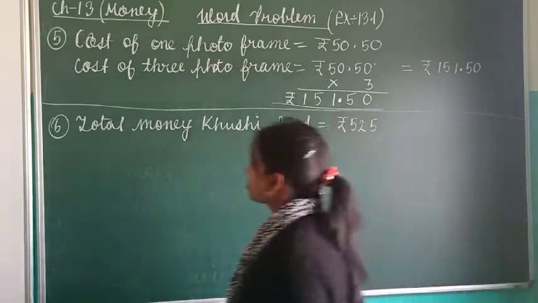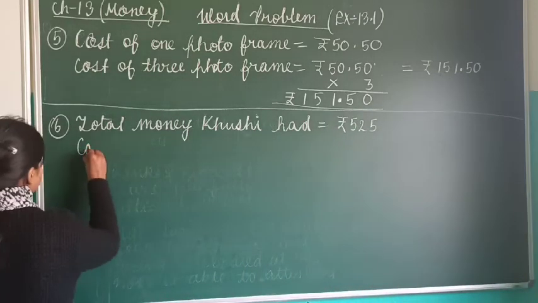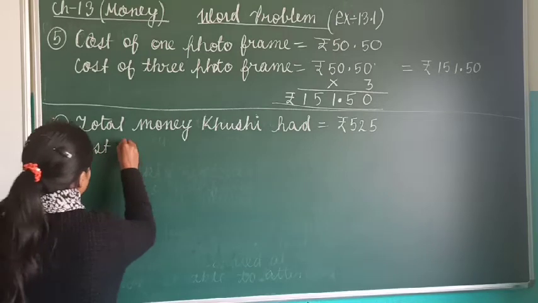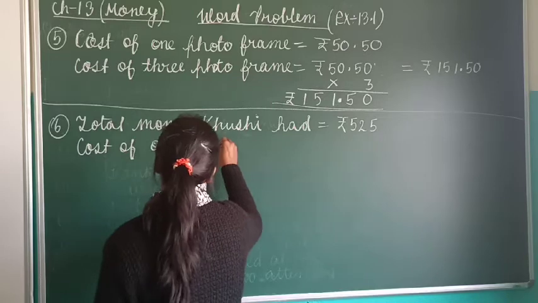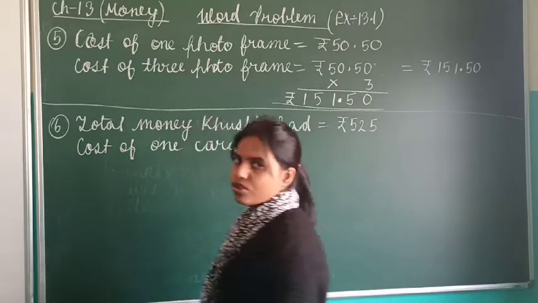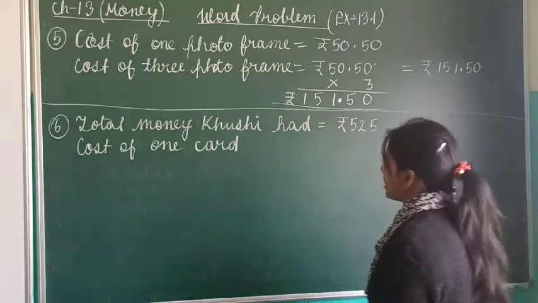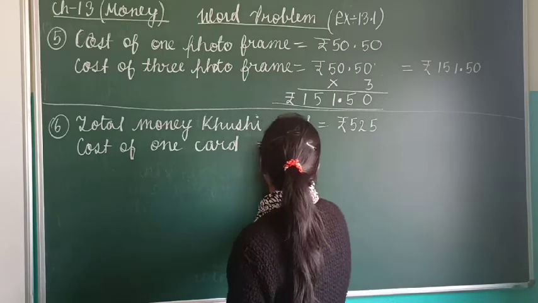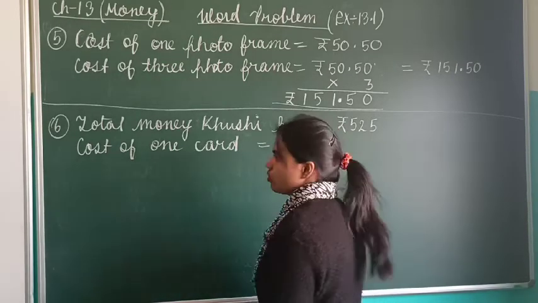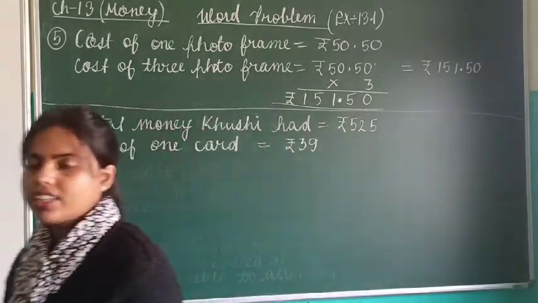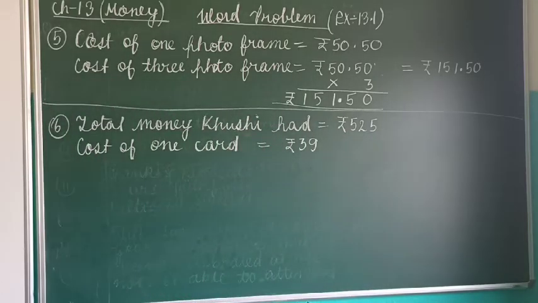Cost of one card which Khushi wants to buy is rupees 39. So the total number of cards she can buy from 525 rupees is equal to what? Here we will be doing division.